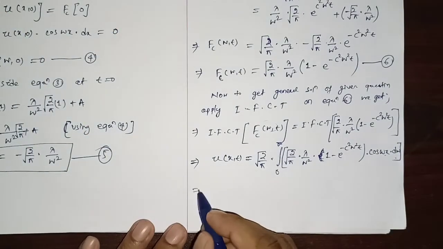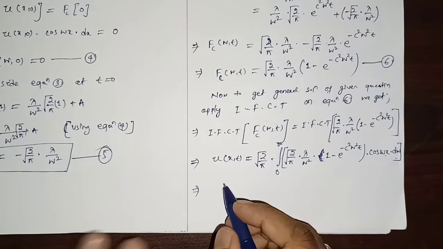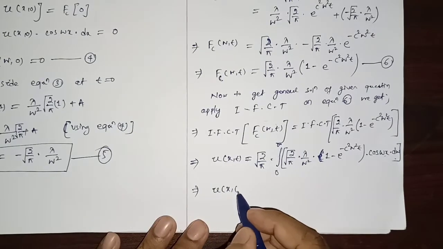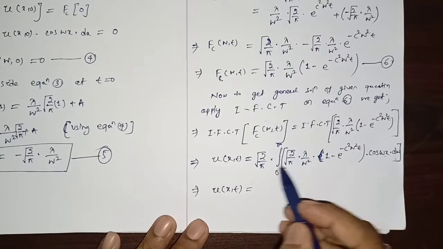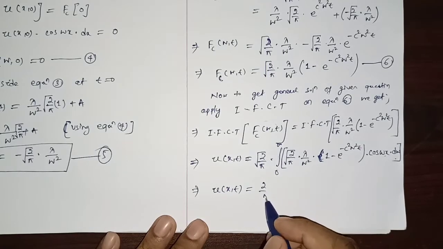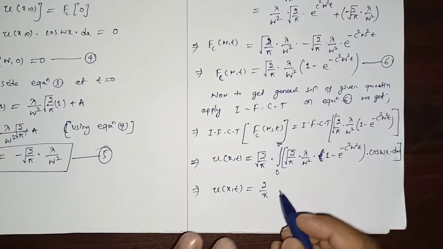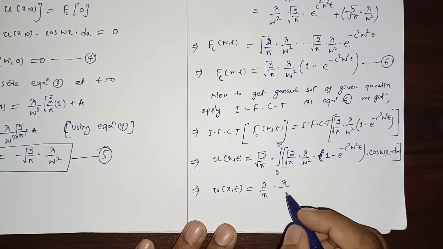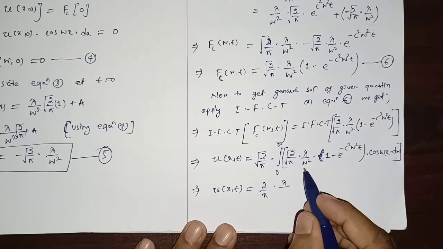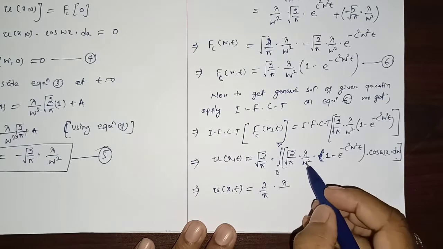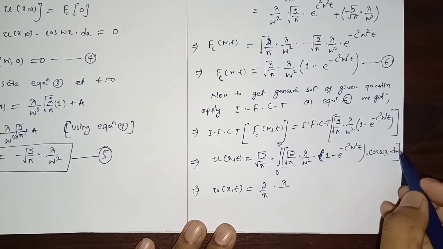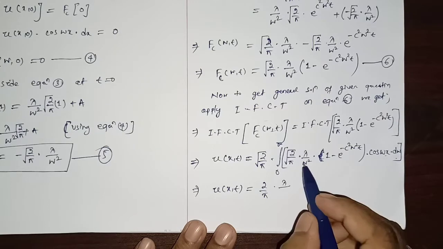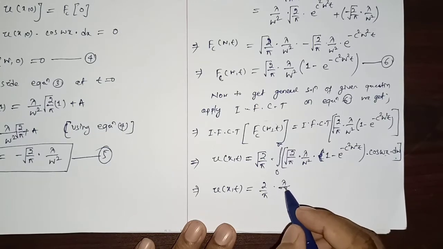So that implies we found u x t will be equal to root over 2 by pi into lambda by omega square. See, omega square could not be taken outside because this is the integration with respect to omega. Omega will be inside the integration.